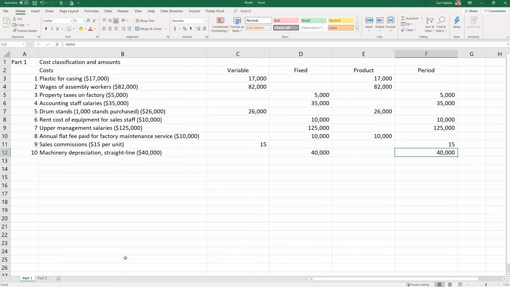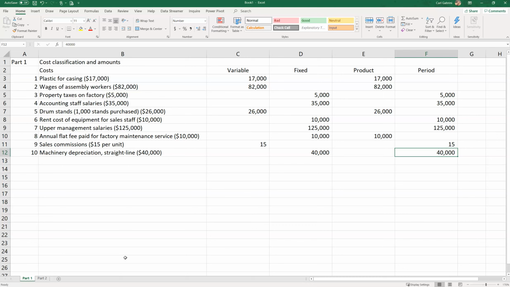That maintenance service is a product cost because it is tied to the manufacture of the product. The more products that are manufactured, the more the machinery is going to be used, the more maintenance that's going to be used. However, they're paying a flat fee for it, so it's a fixed cost. So it's a product cost that's a fixed cost.